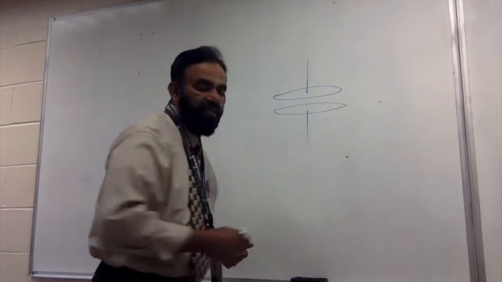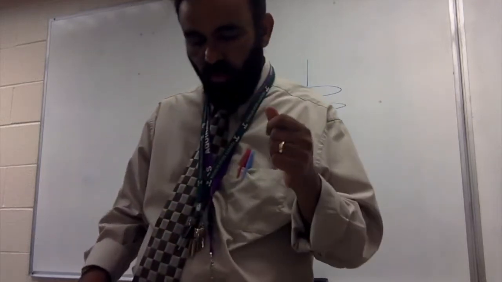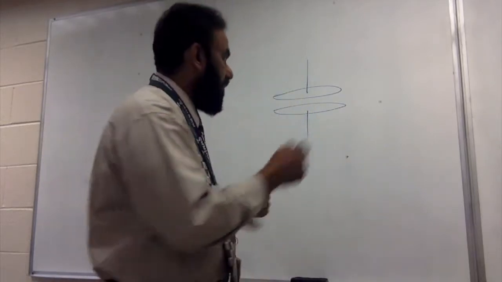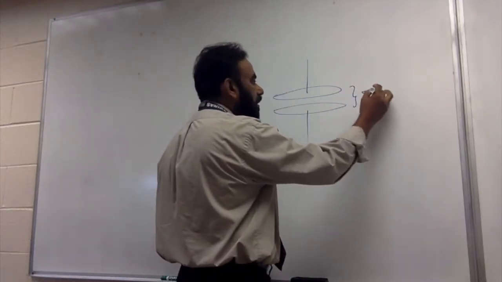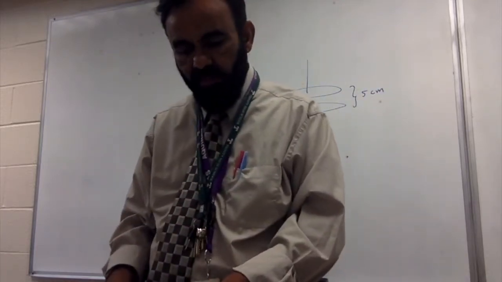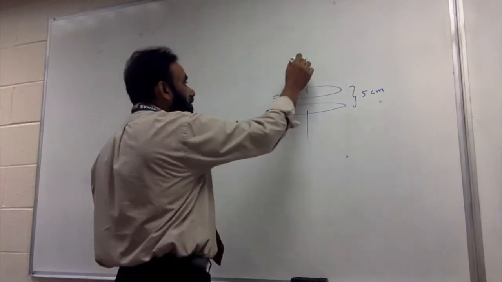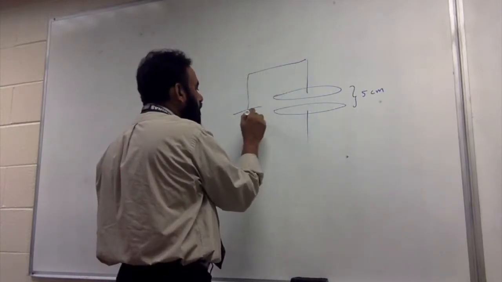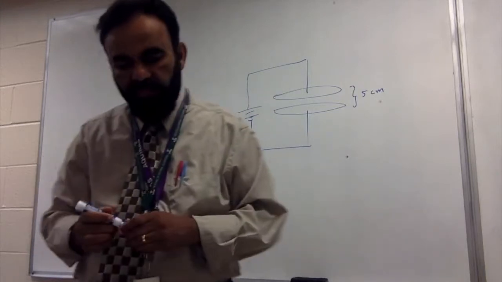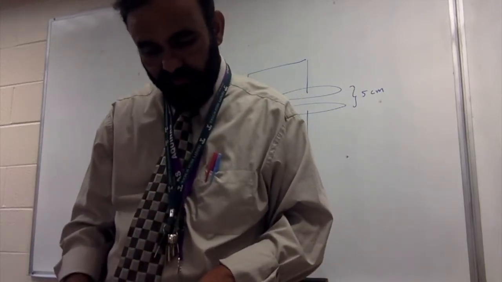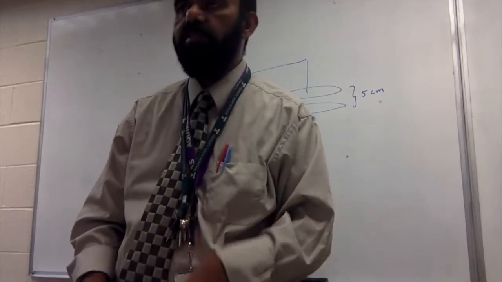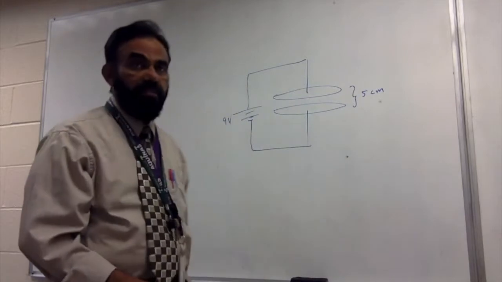So again, a homemade capacitor is assembled by placing two 9-inch pie pans 5 centimeters apart, and connecting them to the opposite terminals of a 9-volt battery. Estimate the capacitance.